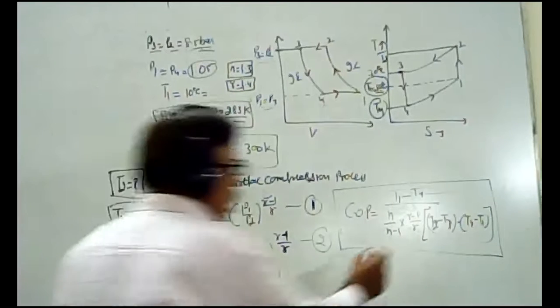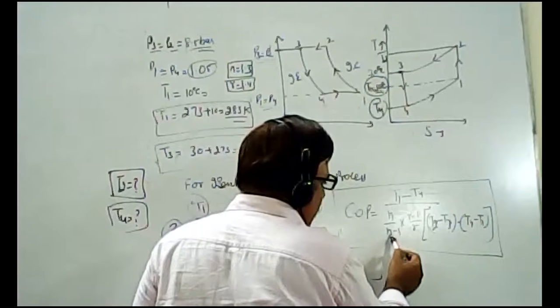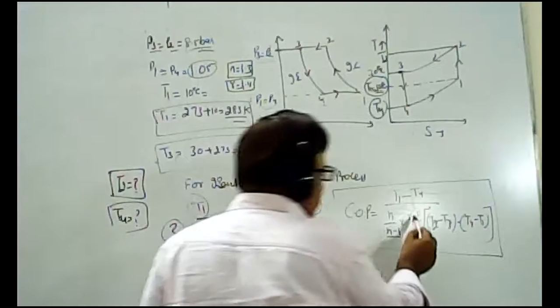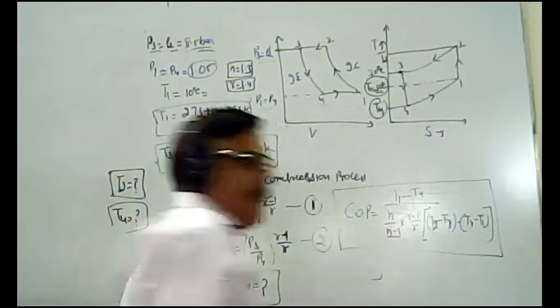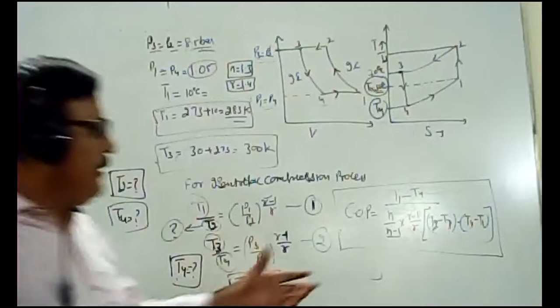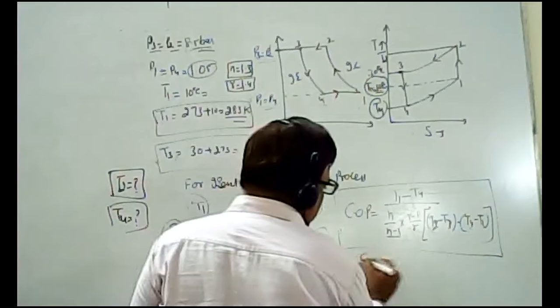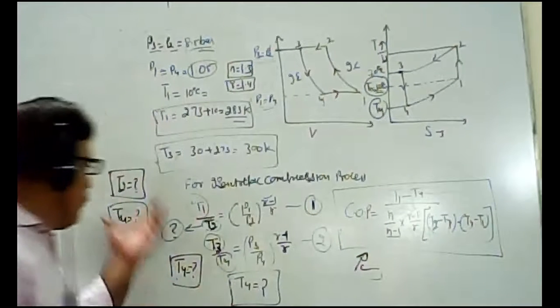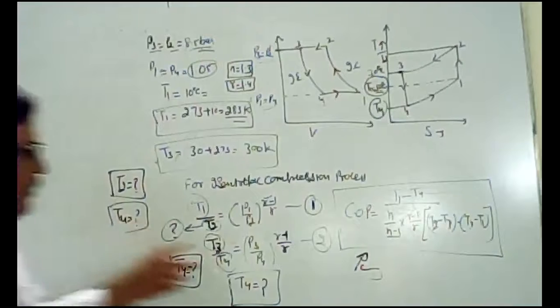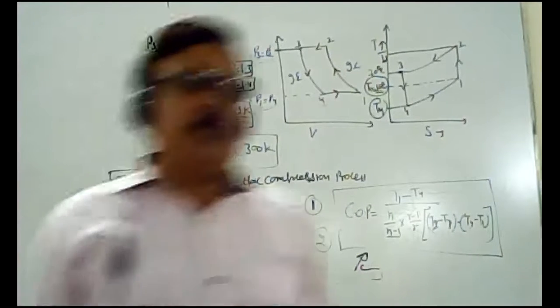By putting all these values in the COP equation, with T1 minus T4, n divided by n minus 1, gamma minus 1 divided by gamma, T2 minus T3, and T4 minus T1, you will simply calculate the value of COP. So everybody solve this. First find T2 and T4, then calculate the COP from this equation.